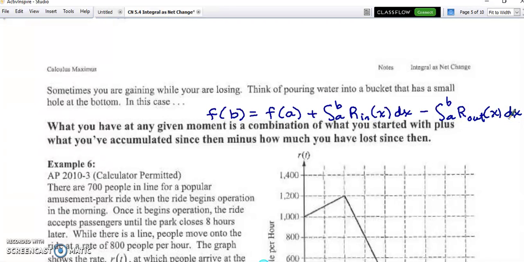So it's how much came in minus how much went out, plus what you started with. You always have to remember you got to include what you started with, all right?